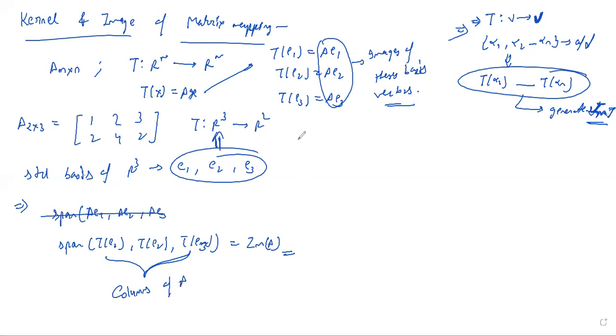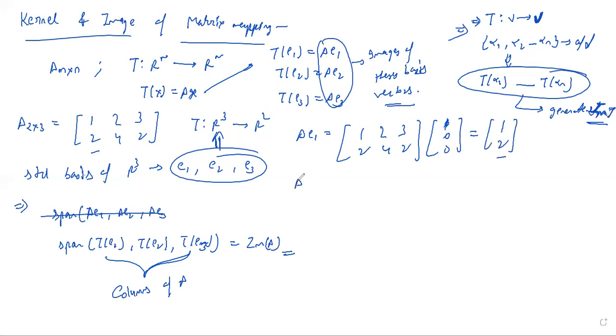How can I say that? Let's compute these vectors. If I compute A E1, the matrix 1, 2, 3; 2, 4, 2 multiplied by E1, which is 1, 0, 0, gives me 1, 2, which is our first column. If I compute A E2, multiplying this matrix by 0, 1, 0, this gives us 2, 4, which is our second column.